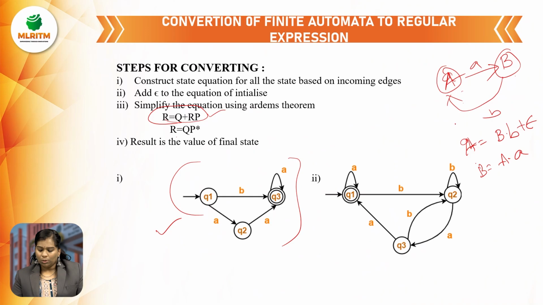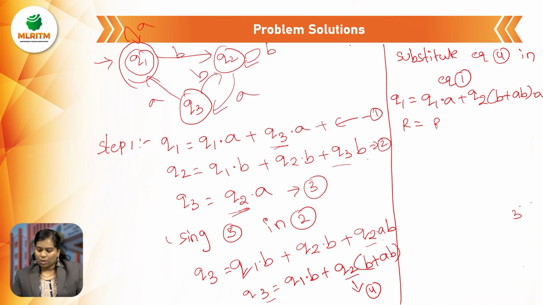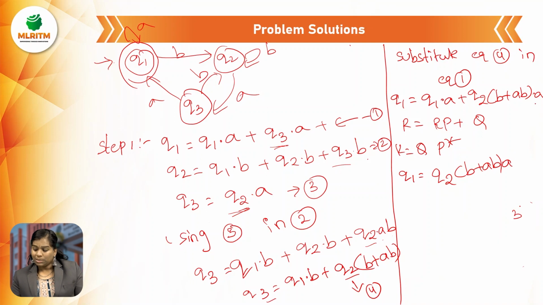R is equal to RP plus Q; R is equal to QP star. Means Q1 is equal to Q2 times B plus AB dot A, where P star means A star.